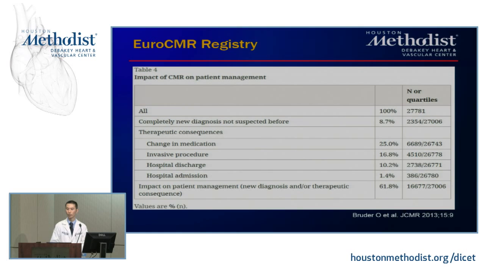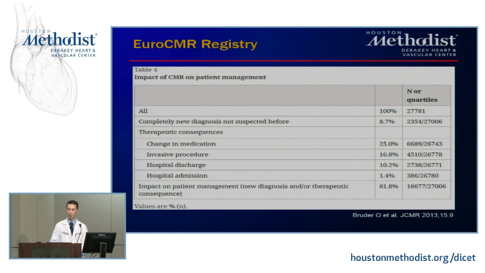There's an even larger registry that was published in 2013 in about 27,000 patients. And this was answering a different question, not sensitivity and specificity between modalities, but asking if CMR actually changed the management decision in these patients. And what they found was that, yes, indeed it did.